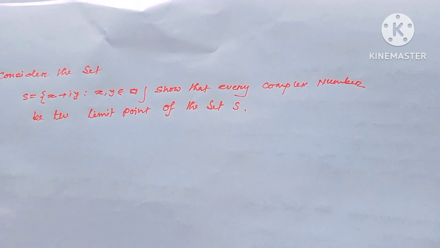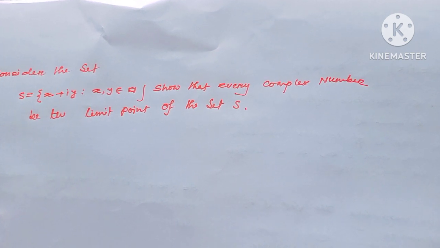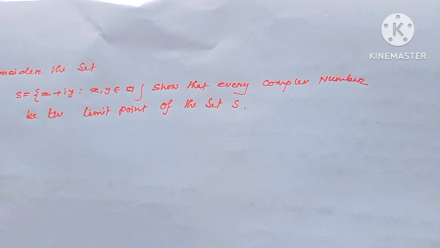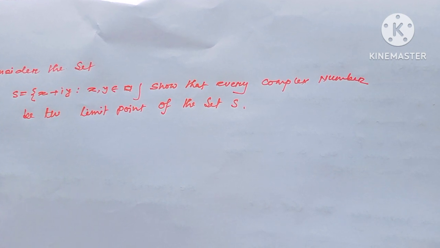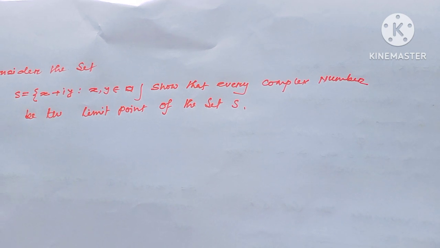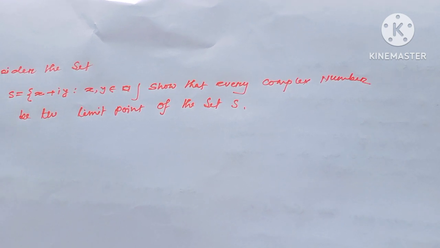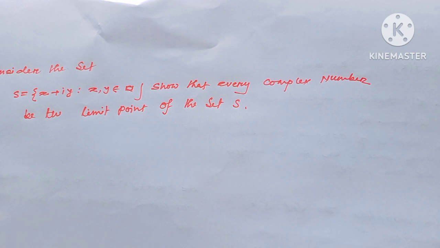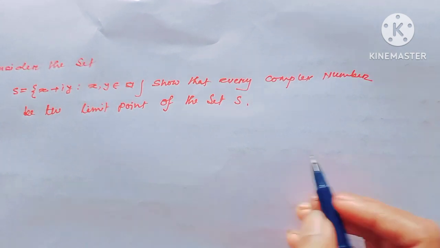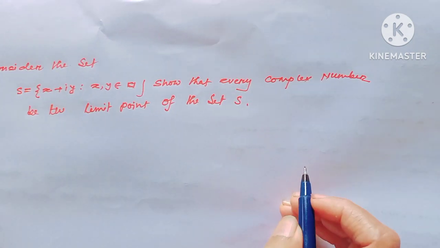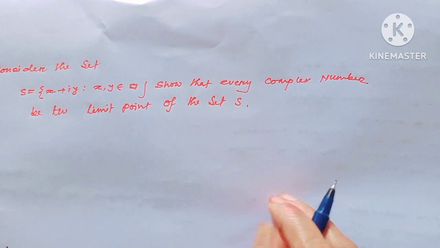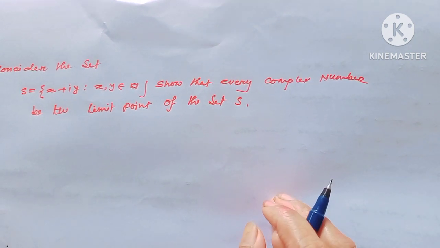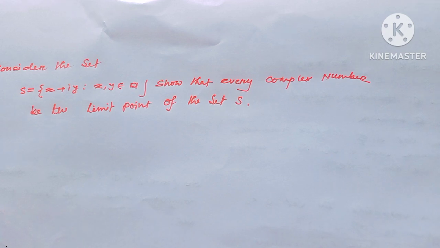I will take the set S which contains elements that look like x plus iy, where x and y belong to the rational numbers. I will say every complex number is a limit point of this set. We all know the points with rational coordinates are dense in the complex numbers.